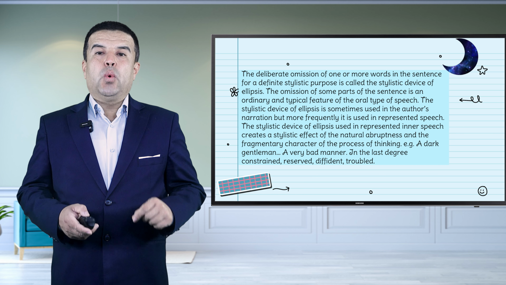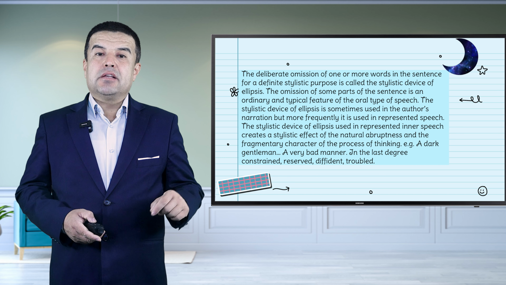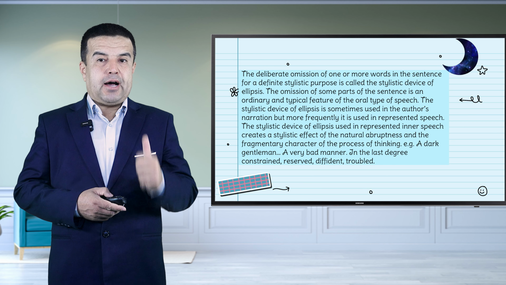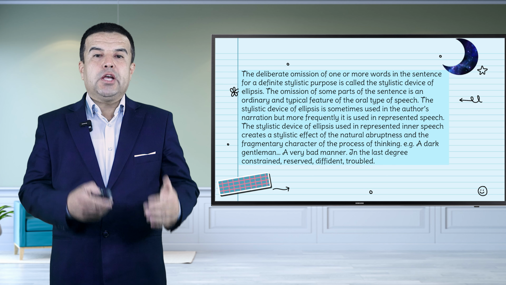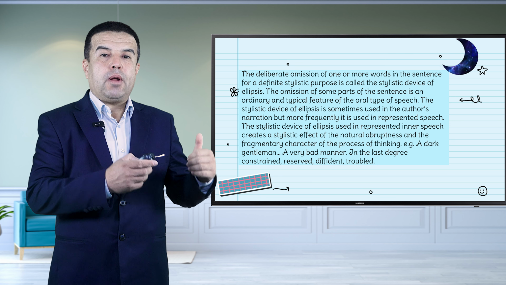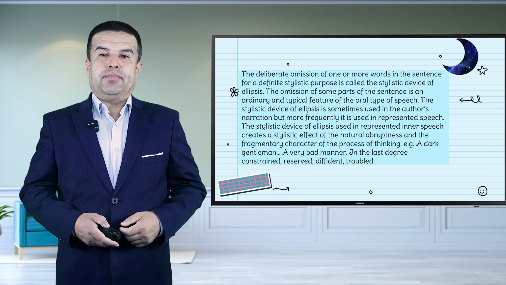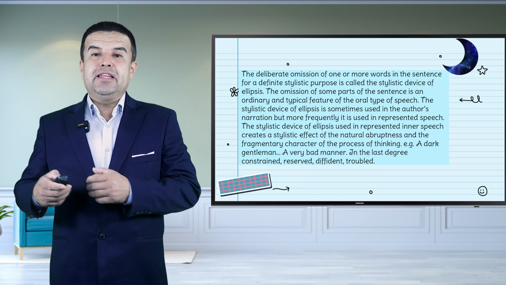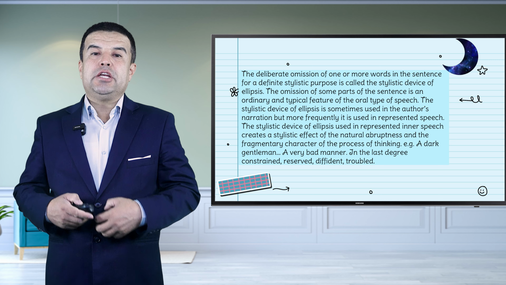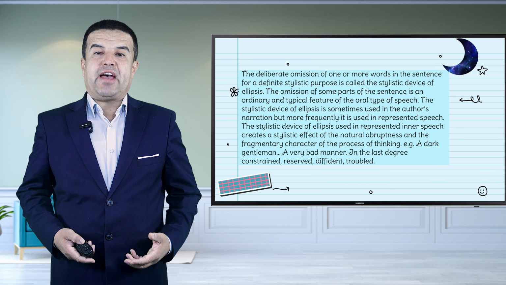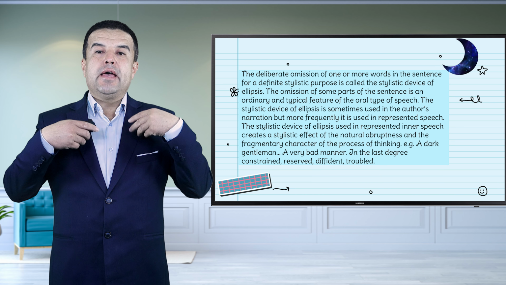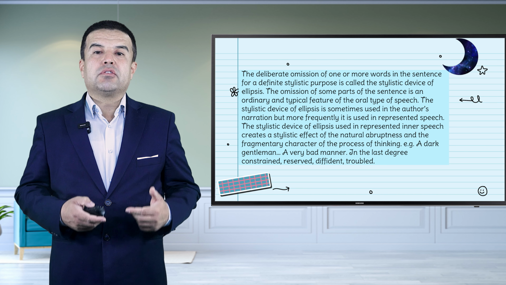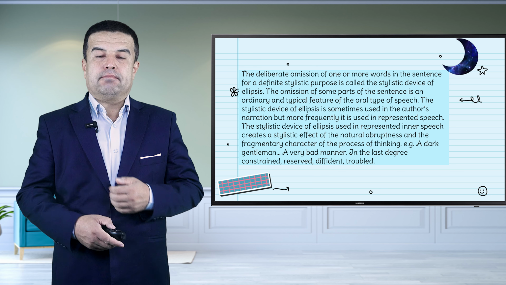The stylistic device of ellipsis is sometimes used in the author's narration, but more frequently in represented speech. Used in represented inner speech, it creates the stylistic effect of natural abruptness and the fragmentary character of the process of thinking.